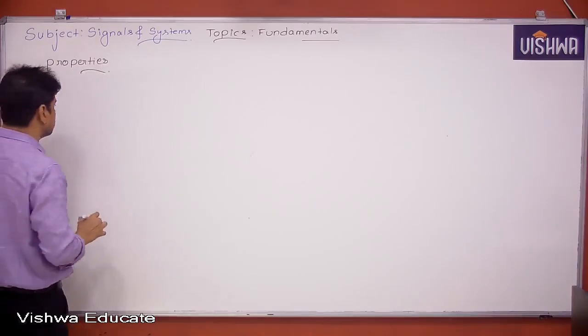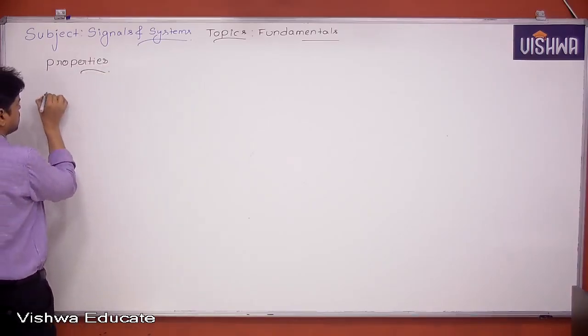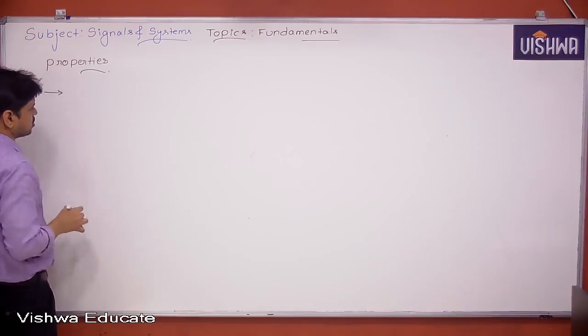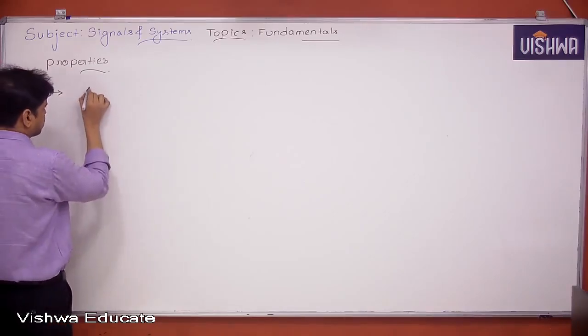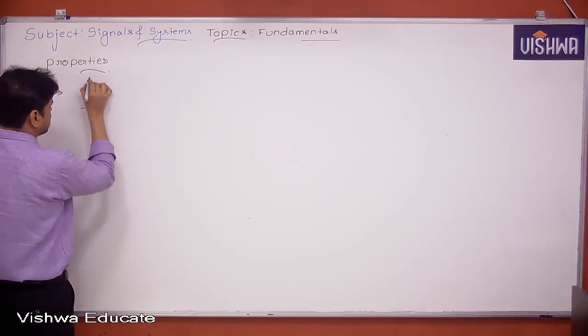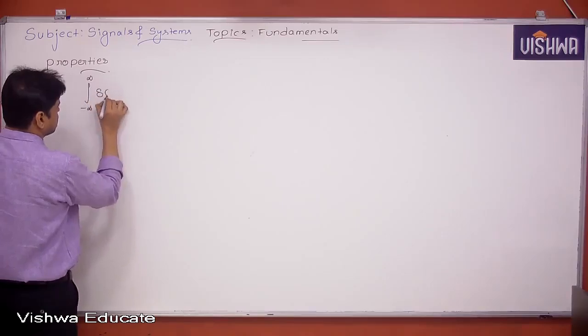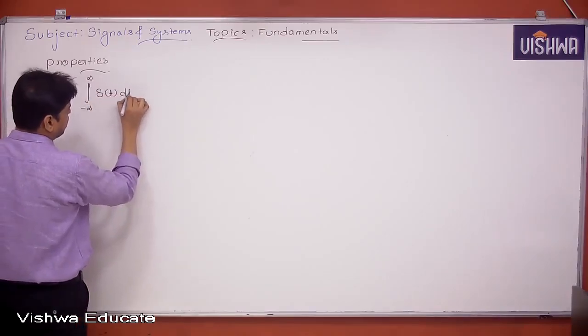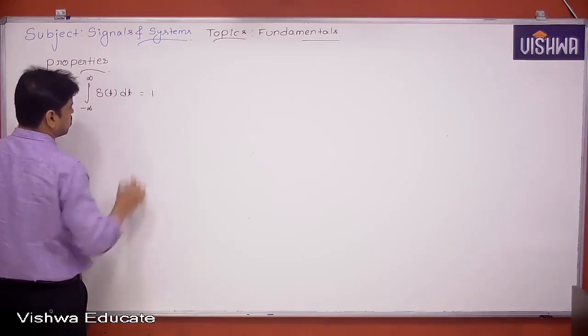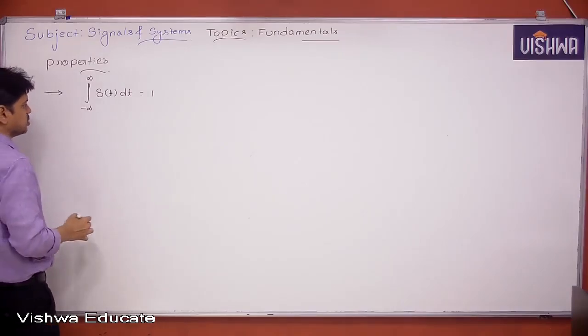Properties. Let's see them one by one. I'm not giving any names, the name is not much important. So let's say the area under the impulse function. We know that the integral from minus infinity to infinity of delta t dt, everybody knows its value is equal to 1. Area under the impulse function is equal to 1.